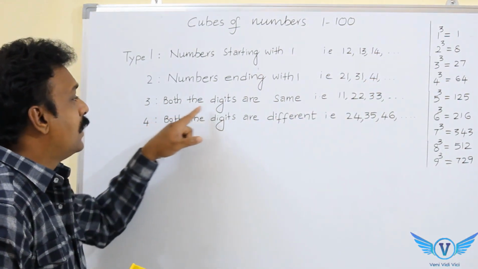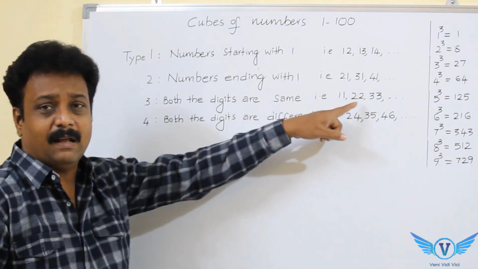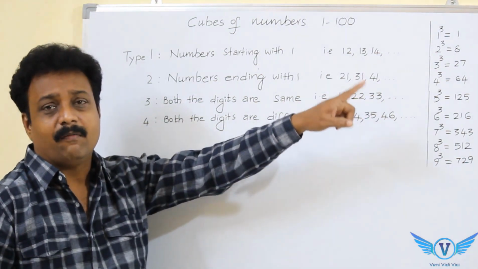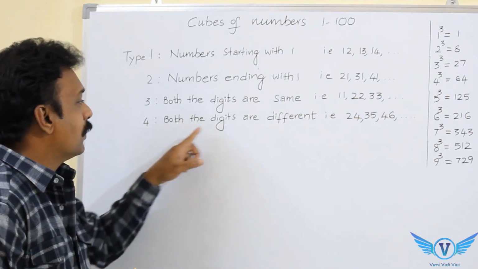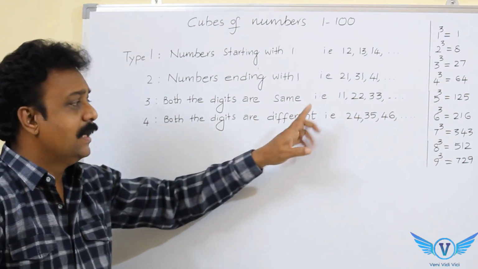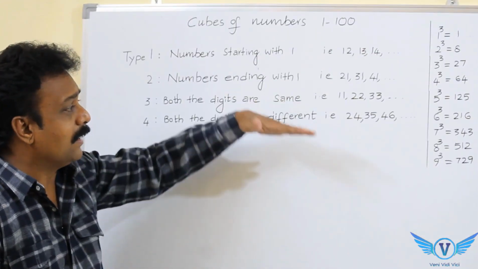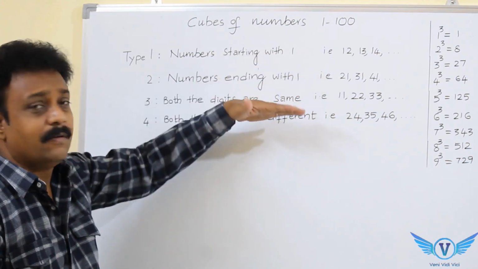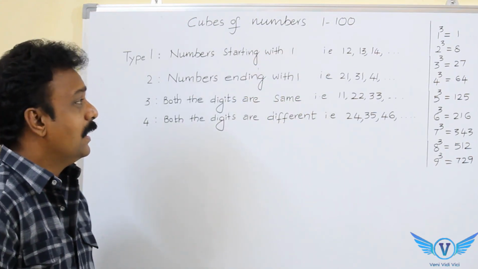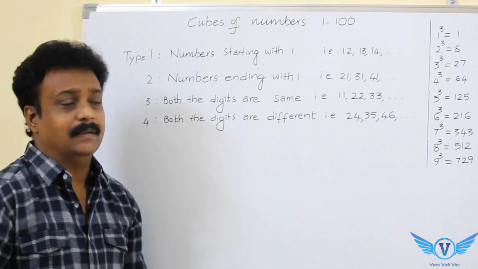Type 3, both the digits are the same, that is 11, 22, 33, 44 and so on. Type 4, both the digits are different, that is 24, 35, 46. Numbers from 1 to 100 come under these 4 types. So, let us start with type 1.